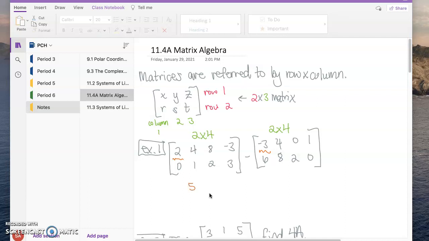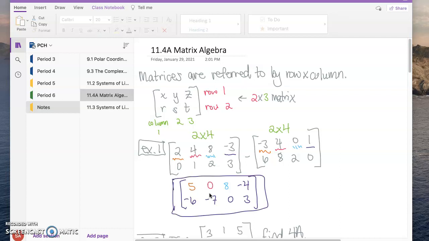And then I'm going to go 4 minus 4 for the next entry, and I'll color code 1 or 2 more. 8 minus 0, and -3 minus 1, and so on and so forth. So 0 minus 6, 1 minus 8, 2 minus 2, 3 minus 0, and that is literally all that we're going to do.